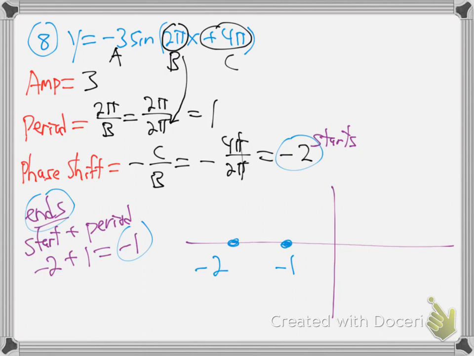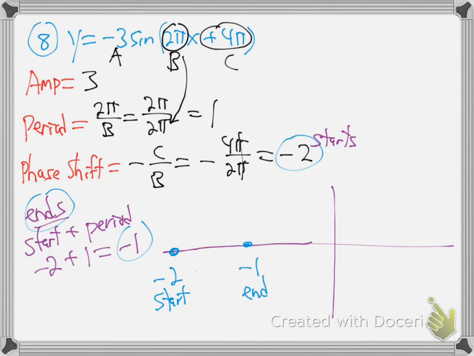Is that making sense? You can even space those out more if you want. You don't have to, but if it helps you to see it, whatever works for you. I'll put the -2 way back here, and -1 is halfway there. So it's going to start here at -2 and end here at -1.